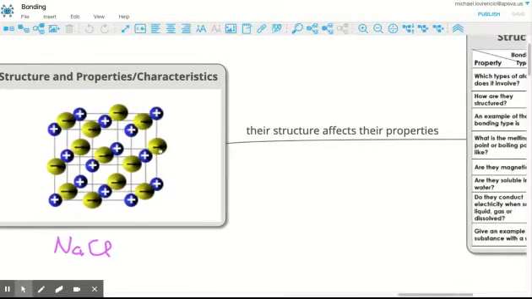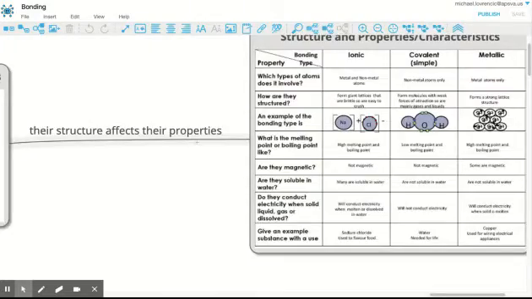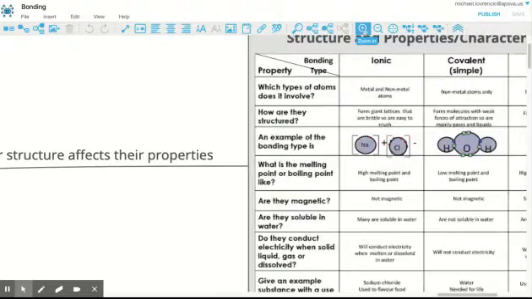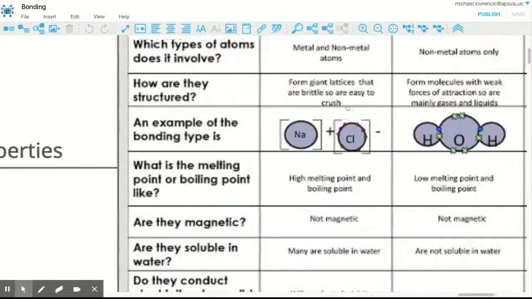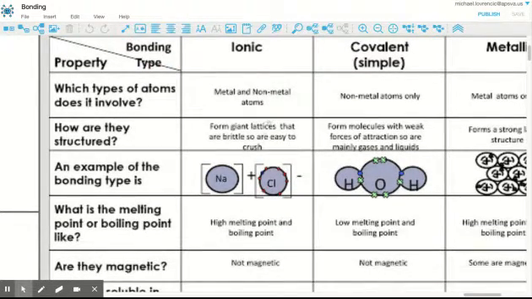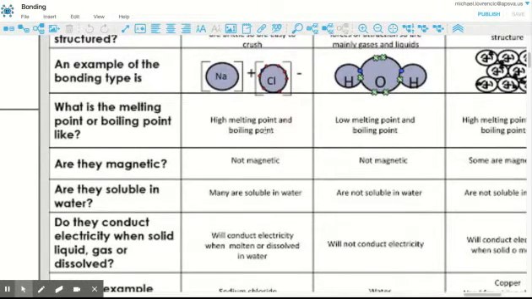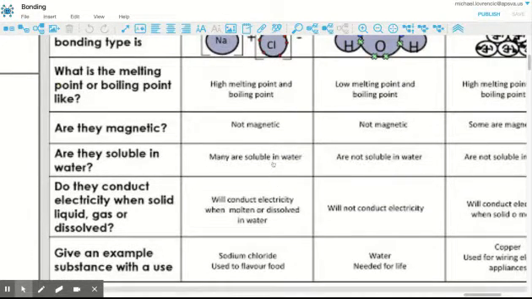We'll come back to this picture in a few seconds, but if we look at some of the typical properties of ionic compounds, the simplest ones are metals and nonmetals. They do form lattices, so here's a sample for sodium chloride. They have relatively high melting points and high boiling points, and they can be soluble in water.